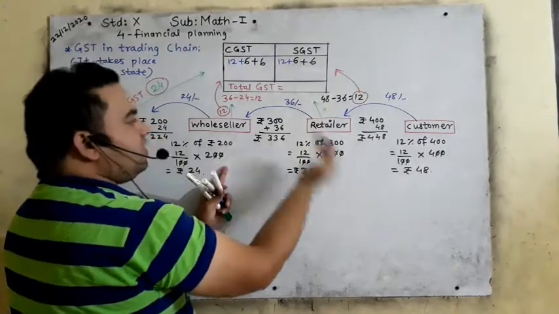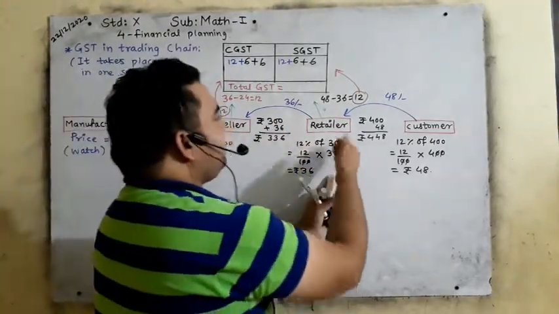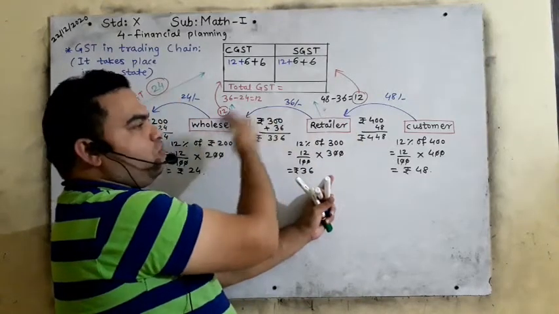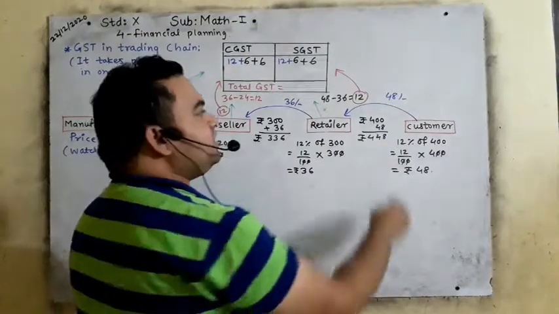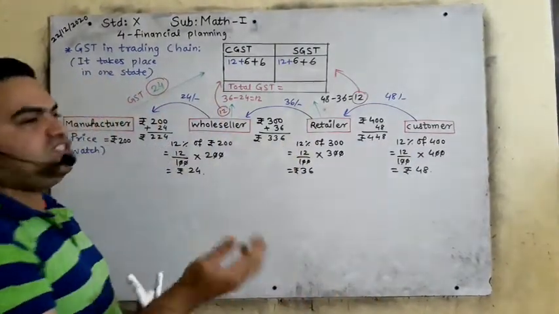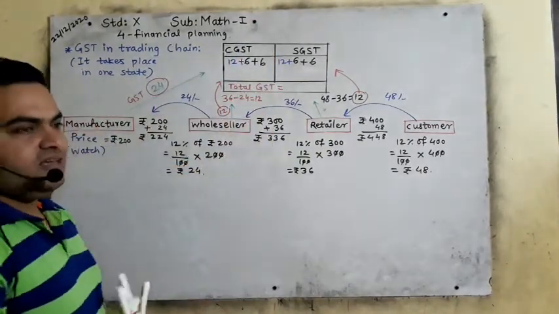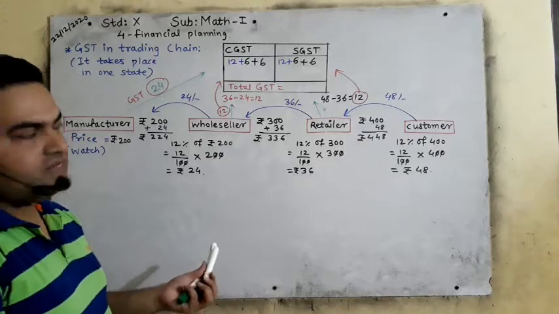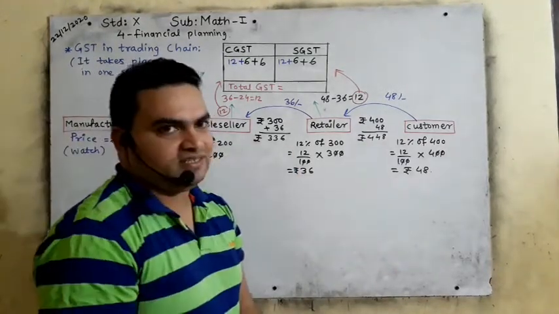The GST the wholesaler received or collected is called output. See, now the retailer paid 36 rupees GST to the wholesaler. The retailer will collect GST from the customer or consumer, it is called output. So whatever GST they are collecting, the extra GST they will pay to the government, in the two bifurcations, that is 6 rupees to CGST and 6 rupees to SGST, right?